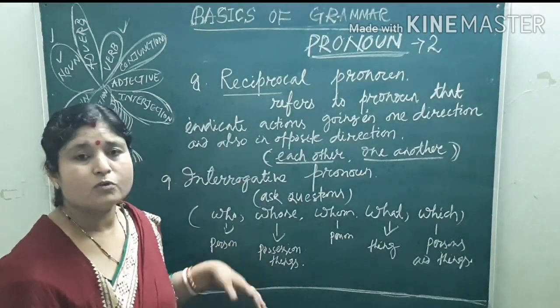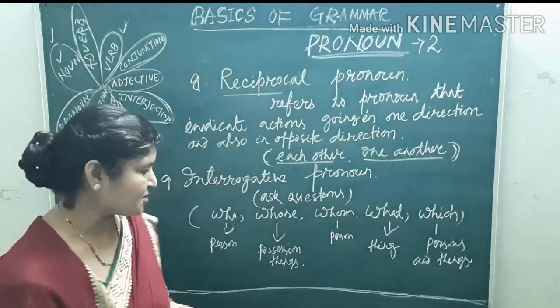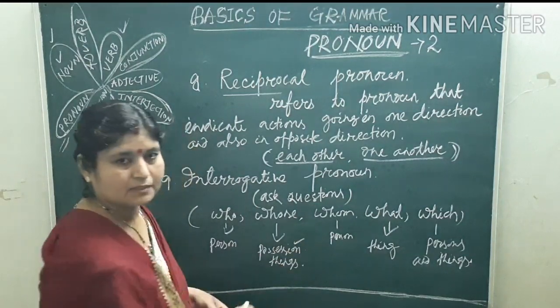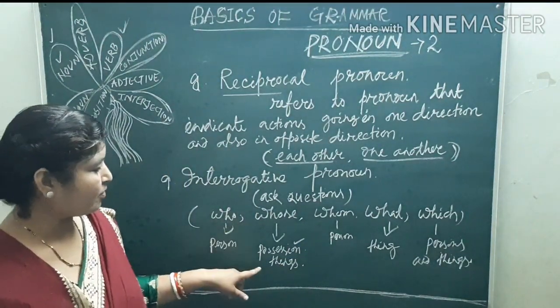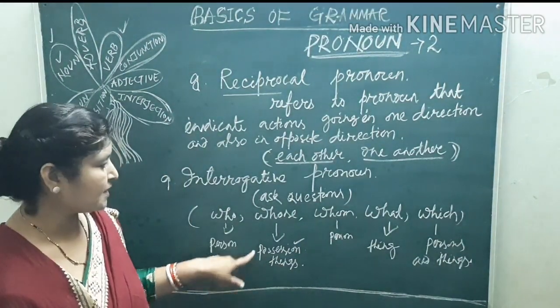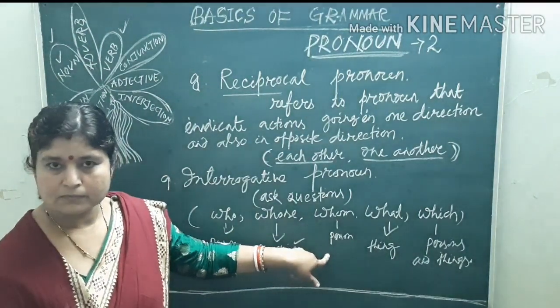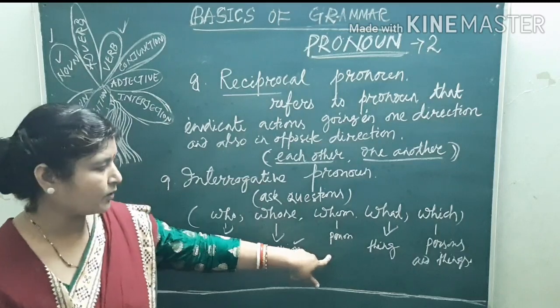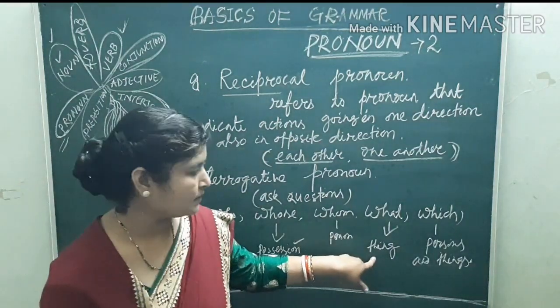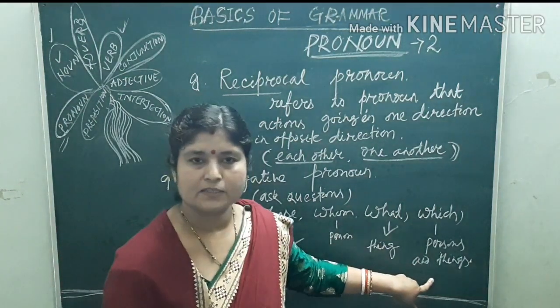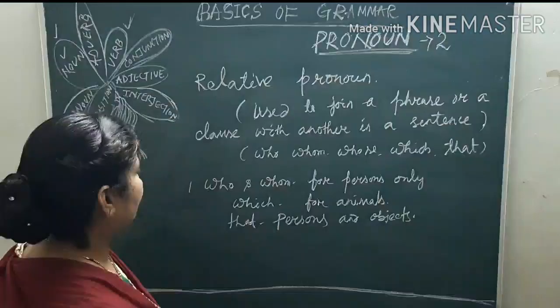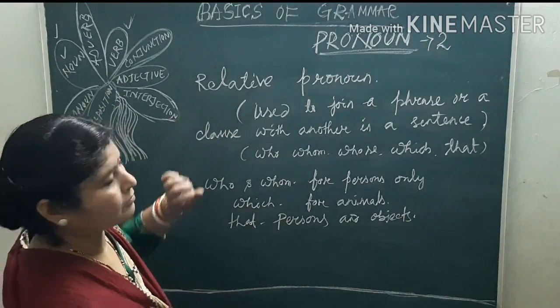And for example, which pen is this? There also we are showing possession. When we are talking about a thing, we will use which. And whom is for a person: to whom are you talking. What is for things, and which we can use for both persons and things.